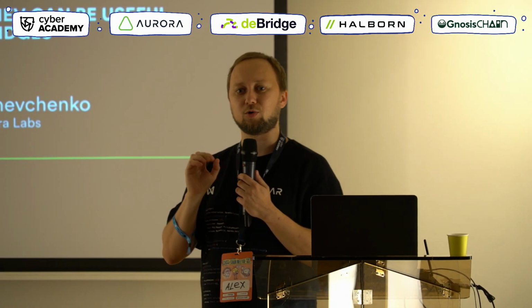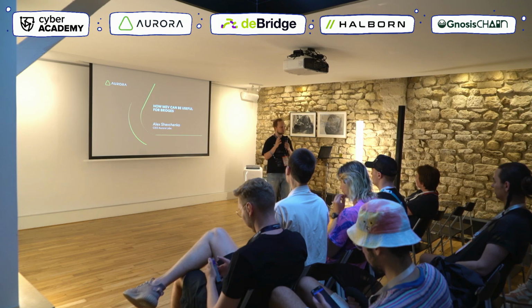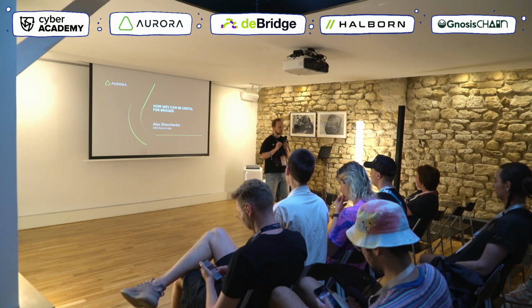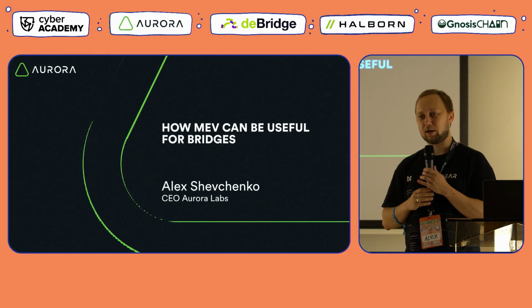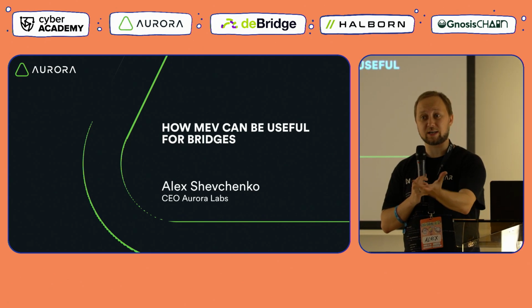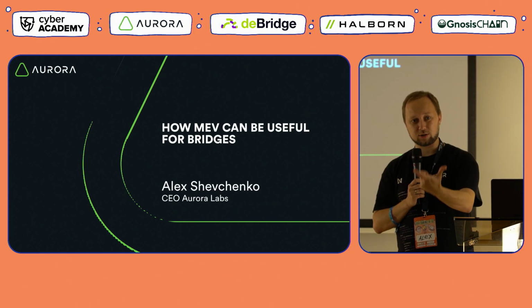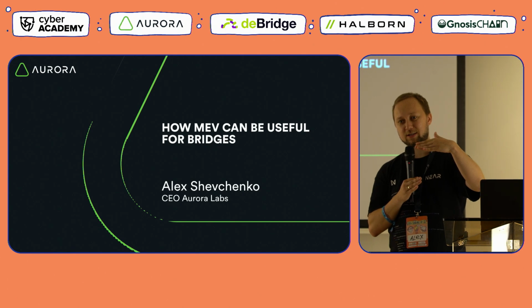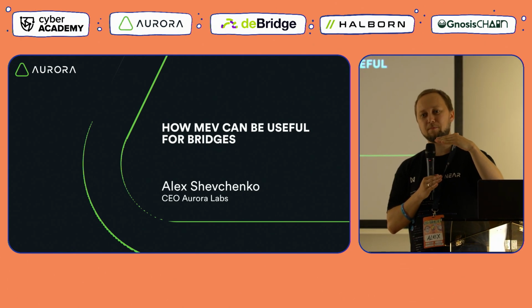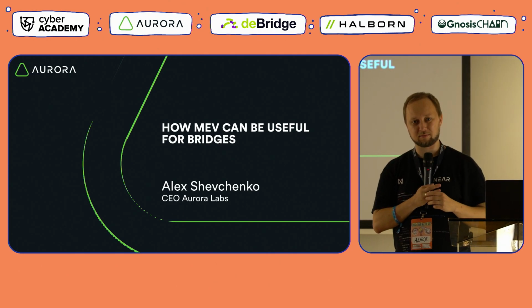People who are searching for opportunities for arbitrage in general are able to submit to particular API endpoints of the miners very specific transactions that literally mean the following: if you are going to put this transaction right after this particular transaction that is there in the pool, then I'm going to pay you some amount of money.